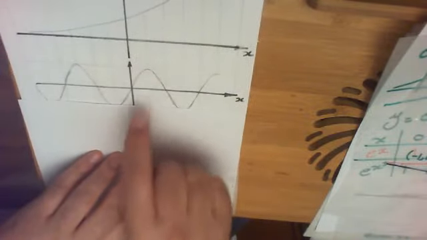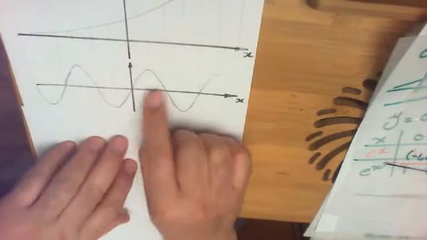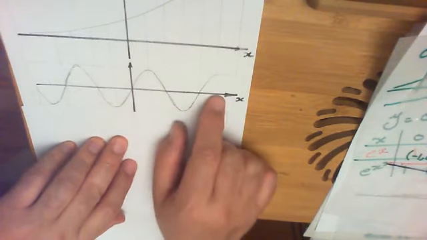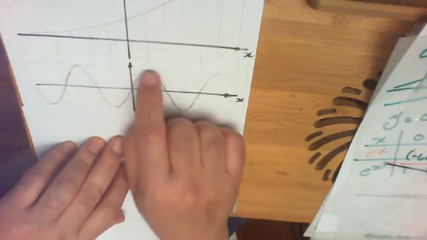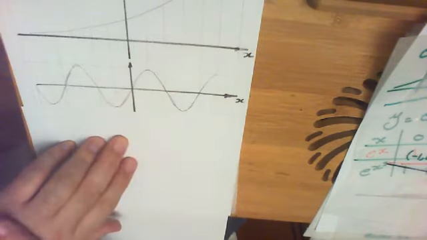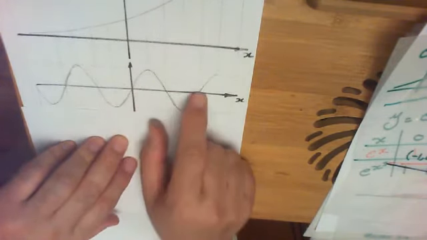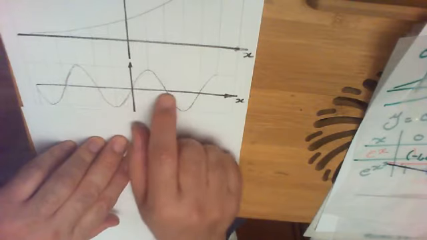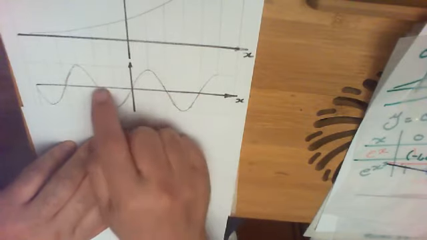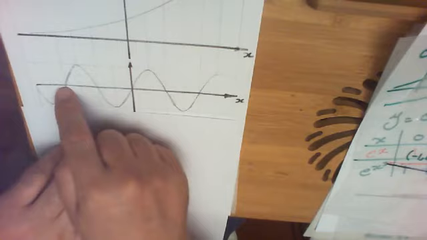As you see, sin x is somewhere 0, and elsewhere 1 or minus 1. It is 0 at 0, at pi, at 2 pi, at minus pi, at minus 2 pi, and so on.